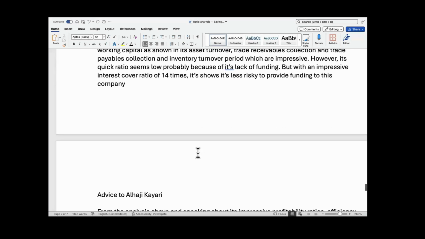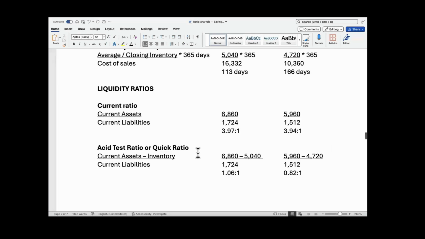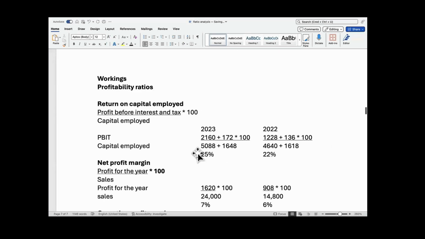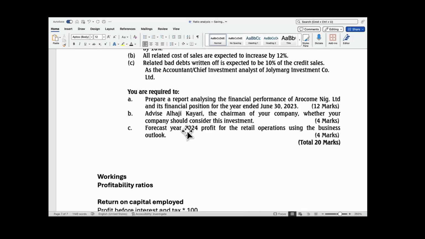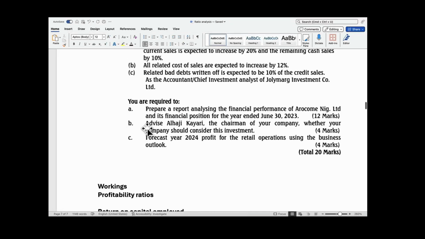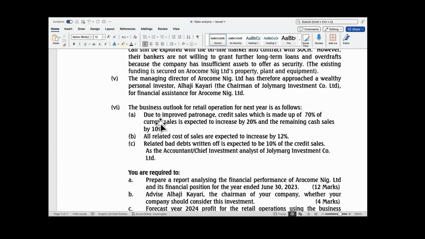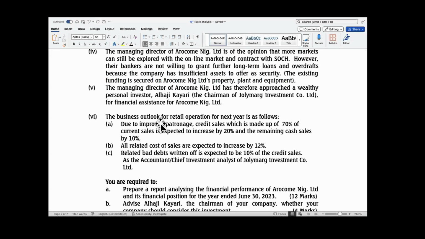So the C part says that you should do a forecast of 2024 profits for the retail operations using the business outlook. And if you look at note 6, it talks about the business outlook for the retail operations for the next year.